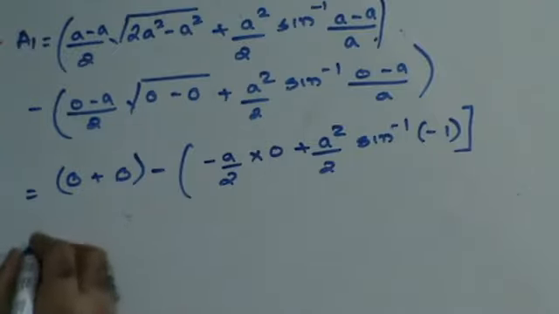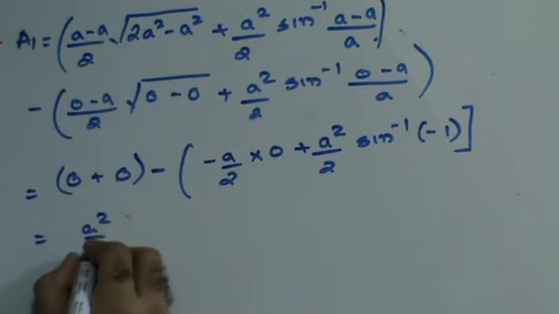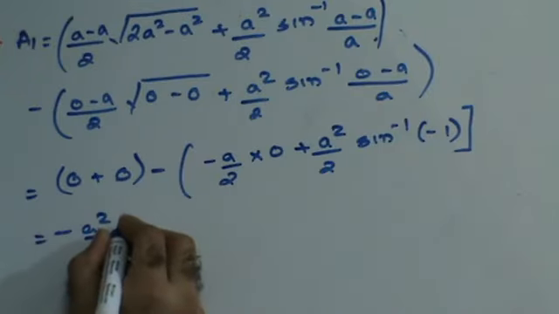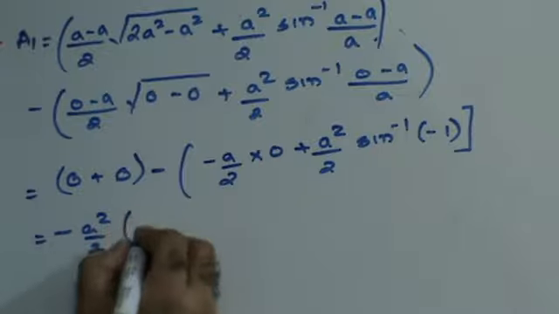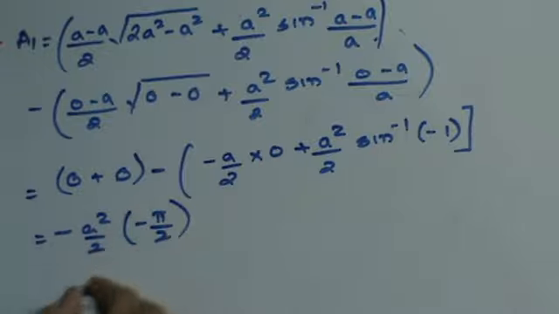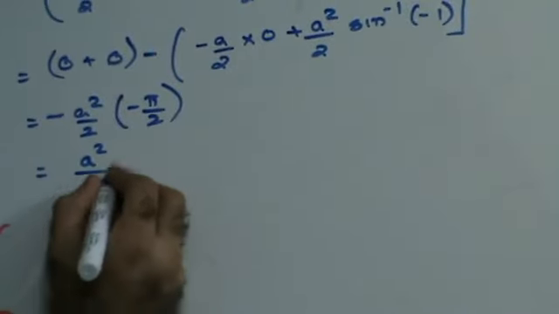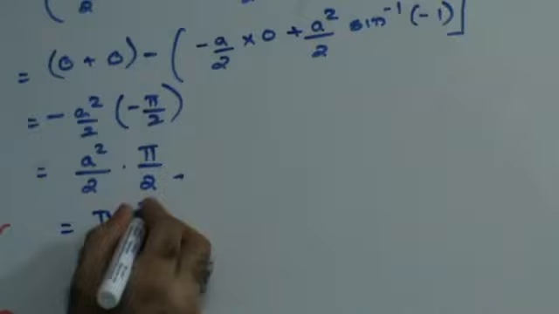So in that case, this term will also be 0. So this is a square by 2 minus a square by 2 sine inverse of 1 is 90. So sine inverse of minus 1 will be minus 90, minus pi by 2, minus into minus plus. So this is a square by 2 into pi by 2. So the area of that region is therefore pi a square by 4.